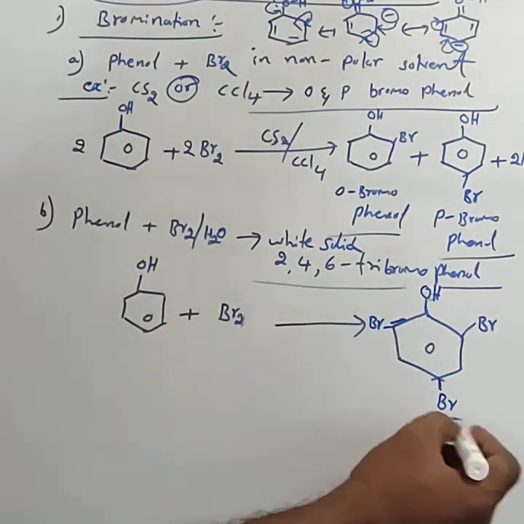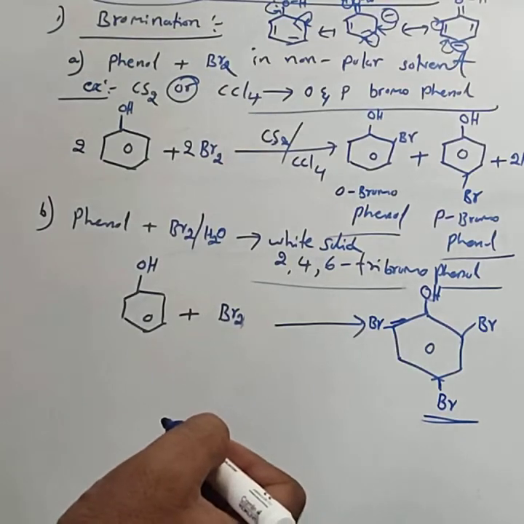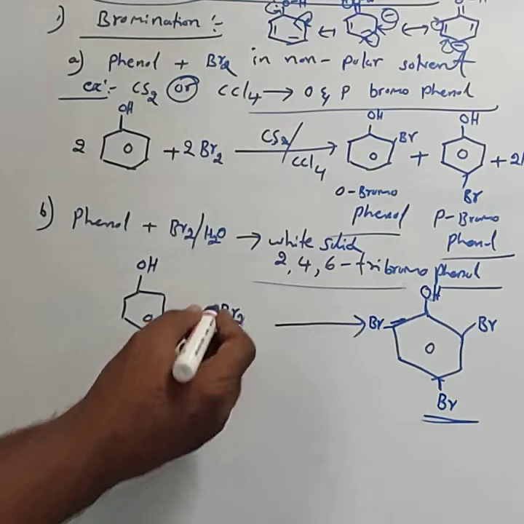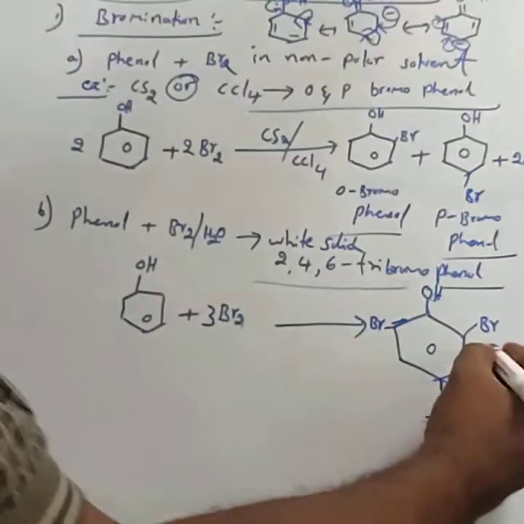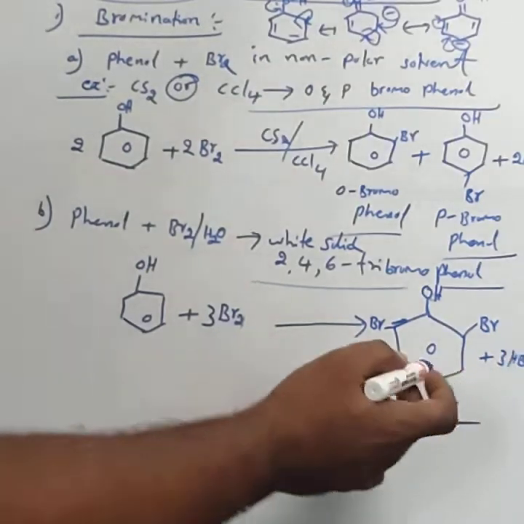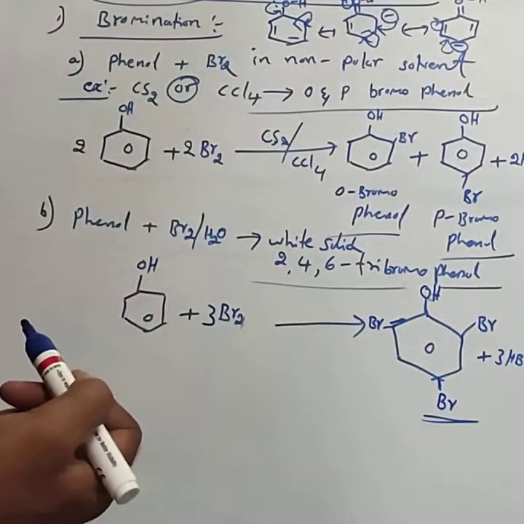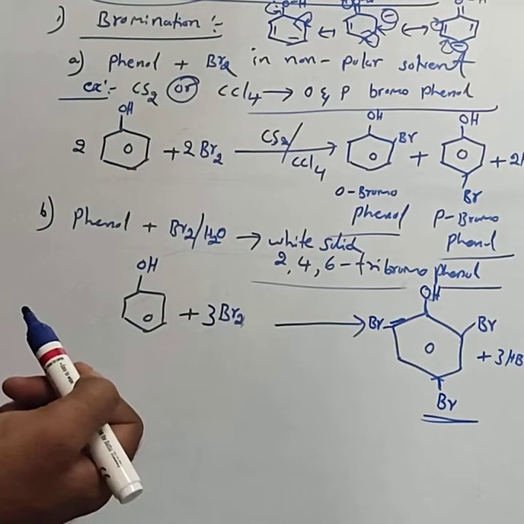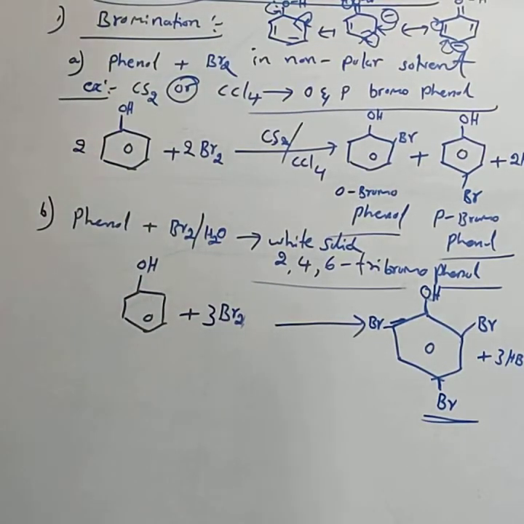This is 2,4,6-tribromophenol, a white solid, plus 3 moles of HBr. This is the white solid, 2,4,6-tribromophenol formed. This is about bromination.